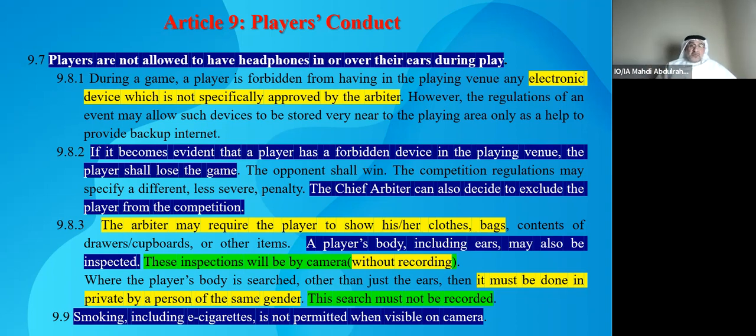And in this case, during the checking, it is not allowed to record the Zoom, record the room of this lady, must be stopped. A player's body, including ears, may also be inspected. This inspection will be by camera without recording. So no record. Where the player's body is searched other than just the ears, then it must be done in private by a person of the same gender. So if a man, by a man; if a woman, by a woman. This search must not be recorded.